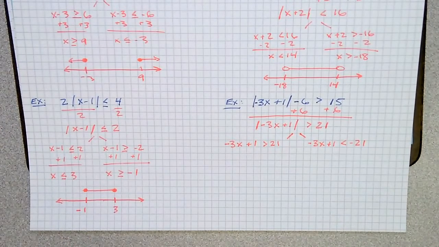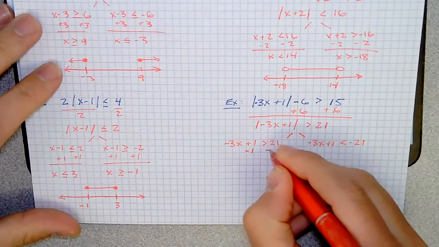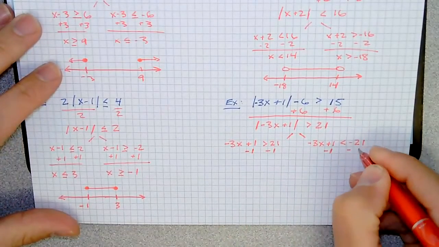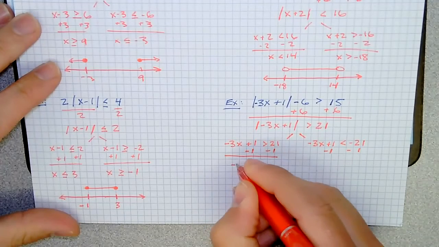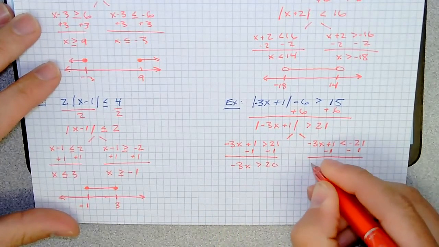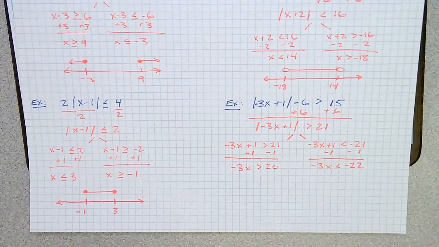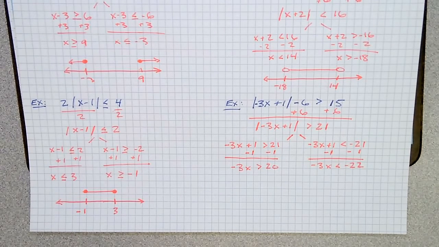Negative 3x plus 1 is less than negative 21. All right, so now I have negative 3x is greater than 20 and negative 3x is less than negative 22.